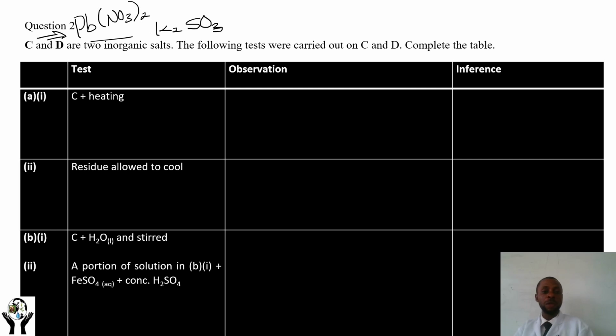So to the first question there, when you heat up sample C, the first thing you're going to observe is a crackling sound. That's one. You're going to have evolution of a reddish brown gas.